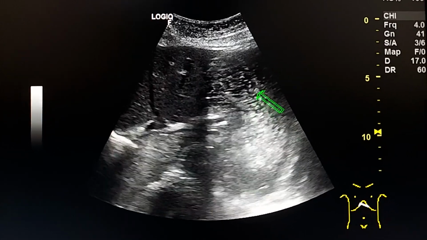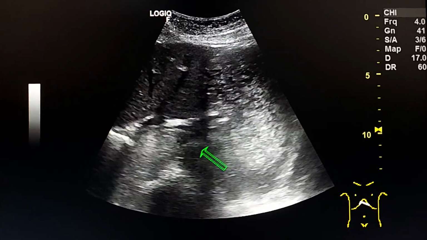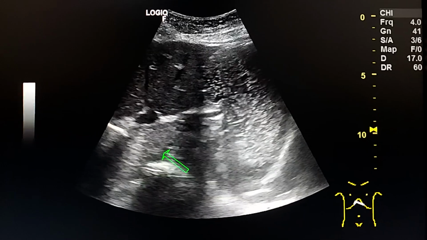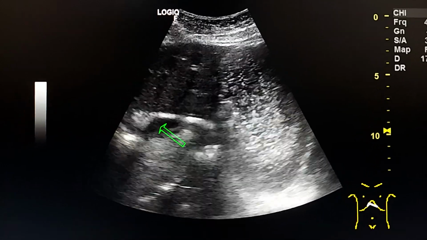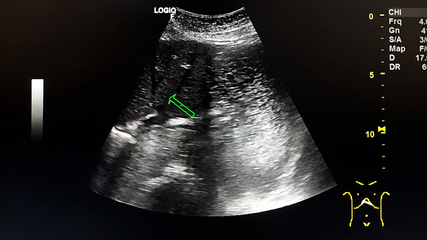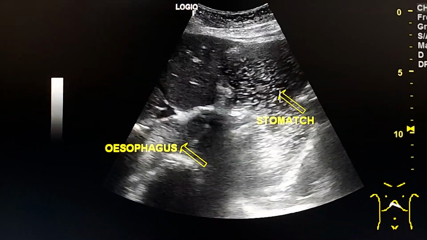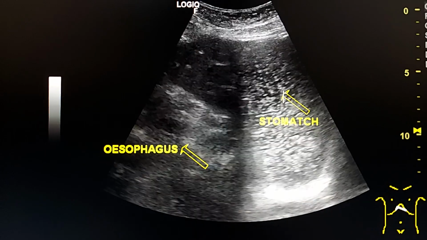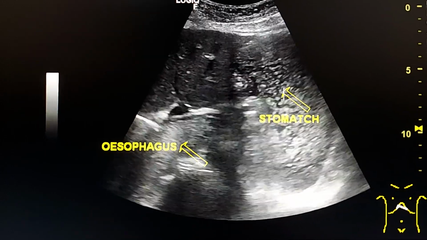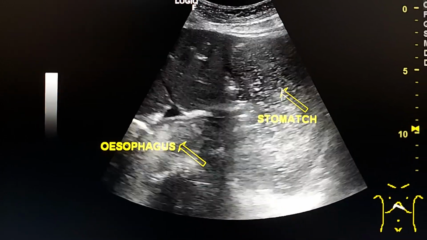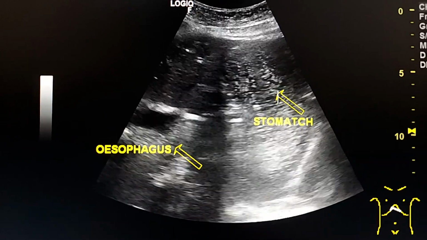By the subxiphoid view, we see the stomach. And this is the lower esophagus, this is the IVC, and this is the liver. Here we see the lower esophagus, which is dilated, and the stomach, which is filled by water.